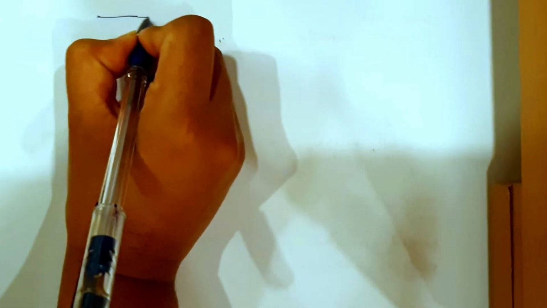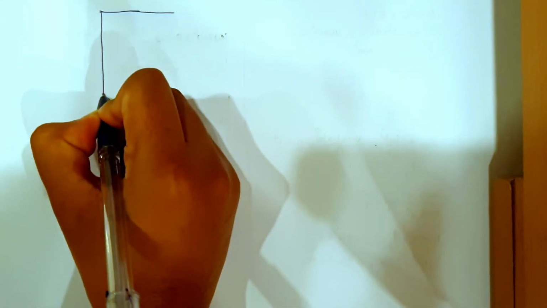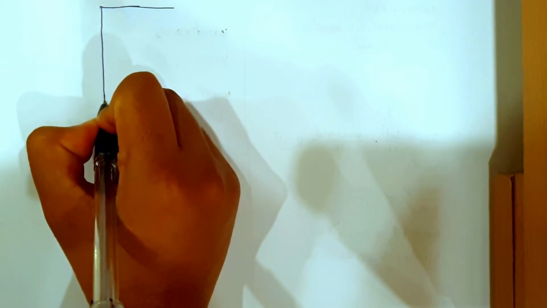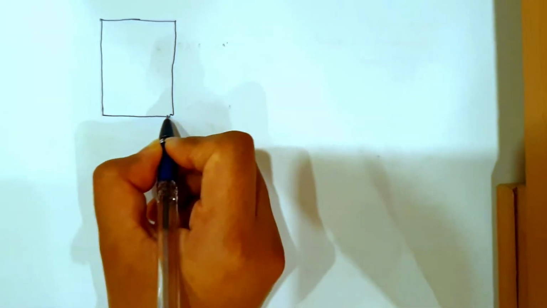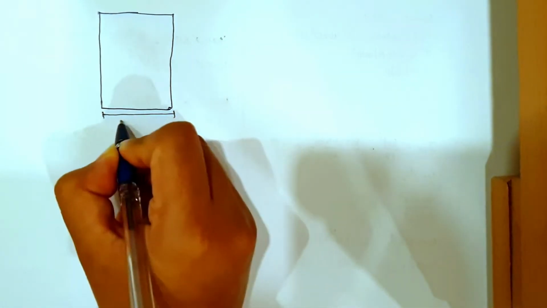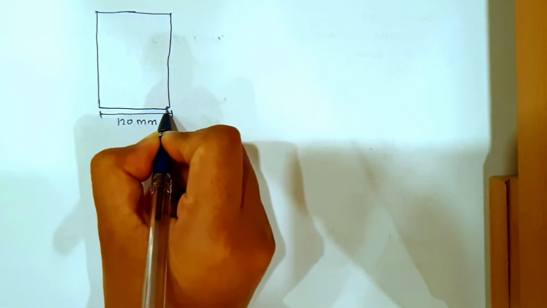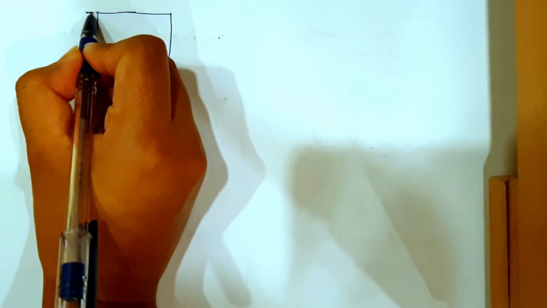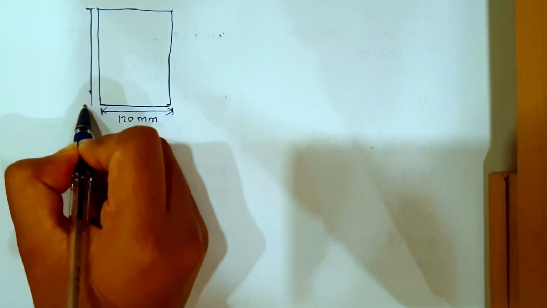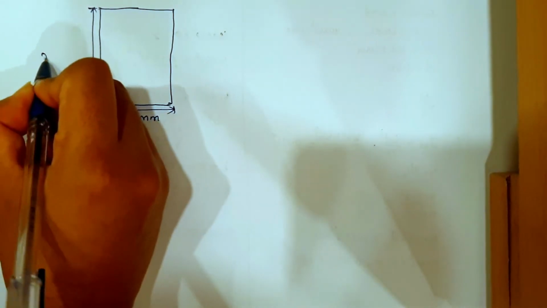In this numerical, the cross section of a beam is given as 120 into 200 mm deep. From here to here it is 120 mm wide and its depth is 200 mm.